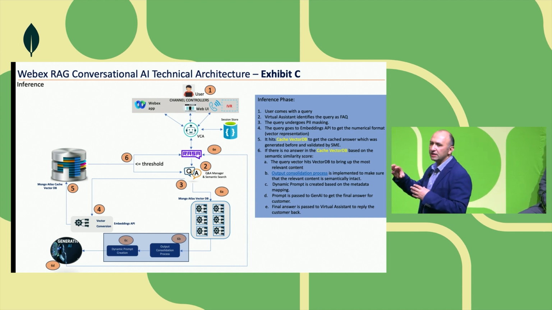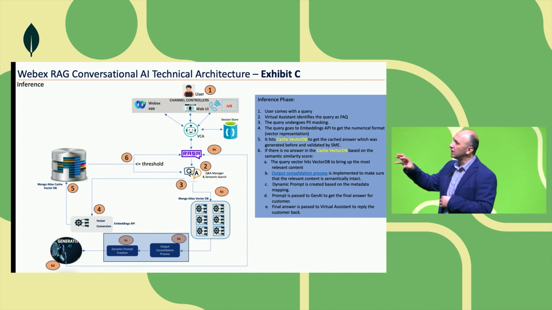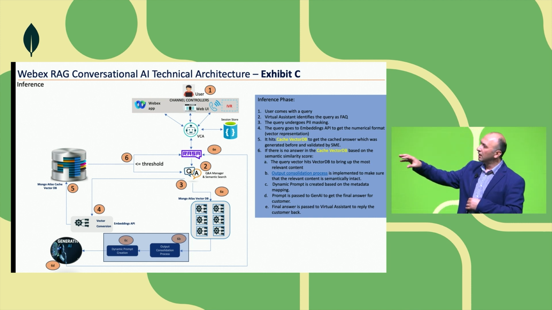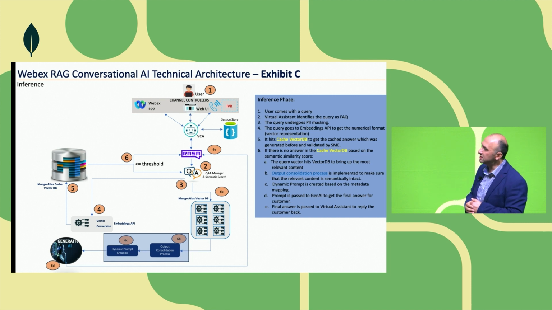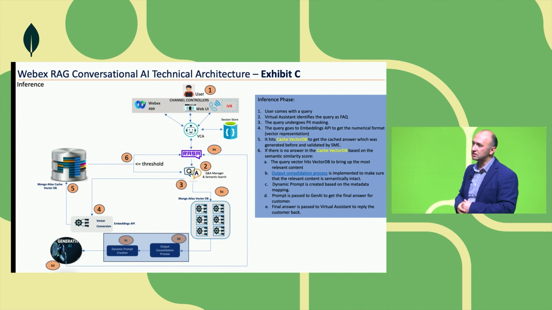Once it is identified as an FAQ model, we get the output from the embedding API and hit the cache vector database. If the output from the cache vector database is less than a threshold, then it will directly go to the GenAI. If it is above the threshold, then we pass the answer to the VCA, virtual chat assistant, and then it will send it back to the customer.